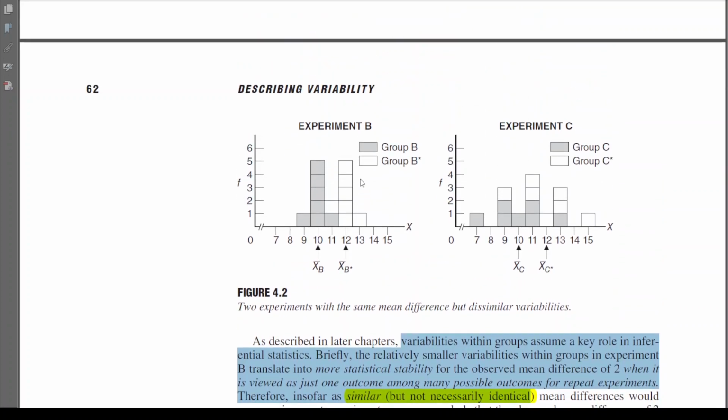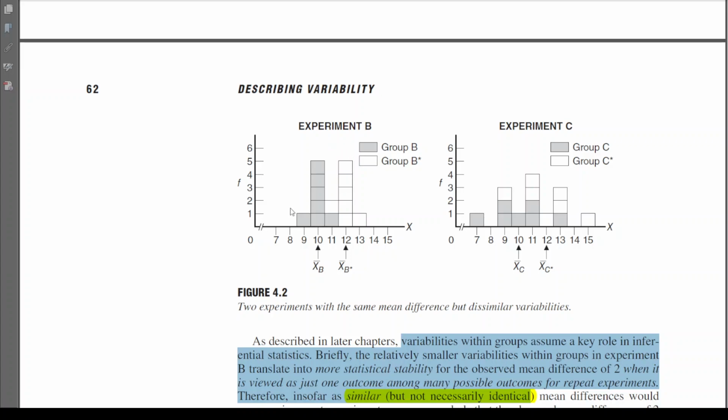Now, this distribution is just one among many possible distributions from the group B. It might as well happen that once we do the experiment again, we will not get the same mean and the same distribution. The distribution will remain more or less the same, but we will not get the same mean. The mean will fluctuate. Maybe it will be 9, maybe it will be 11.